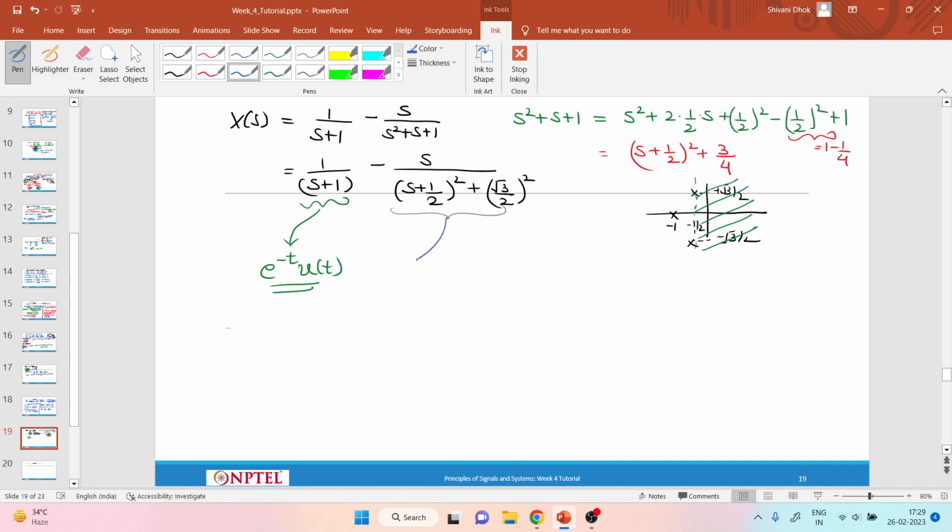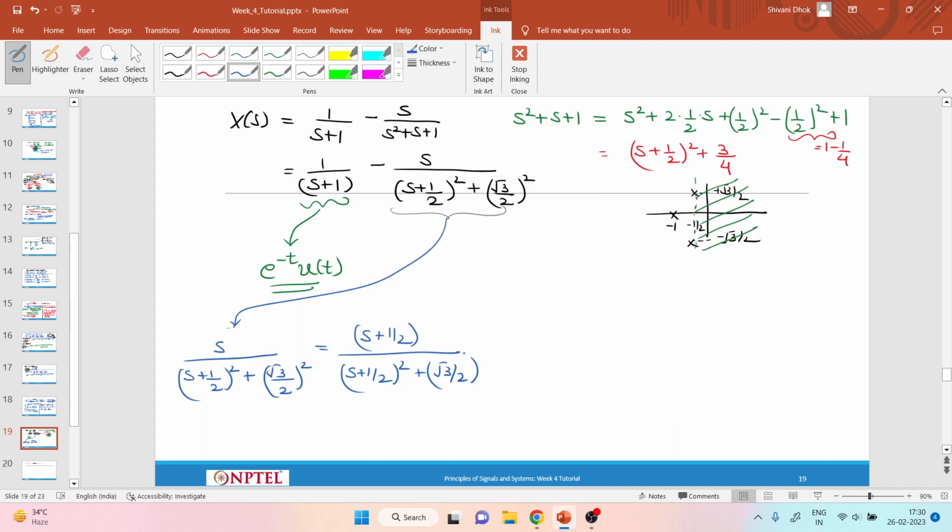So I have s/((s + 1/2)² + (√3/2)²), which I can write as (s + 1/2)/((s + 1/2)² + (√3/2)²) minus (1/2)/((s + 1/2)² + (√3/2)²).